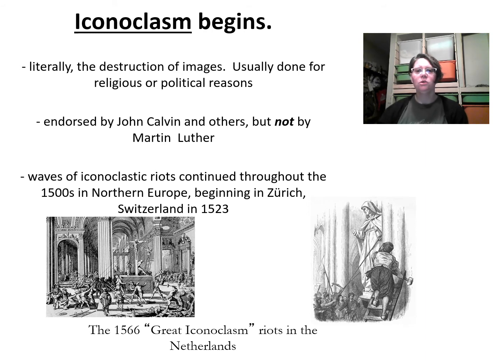It was endorsed by John Calvin. He's the one that started the United Methodist movement. But Martin Luther did not agree with destroying the images. But there were waves of iconoclasm throughout Northern Europe. It began in about the 1500s in Zurich, Switzerland, and just keeps going throughout Northern Europe.